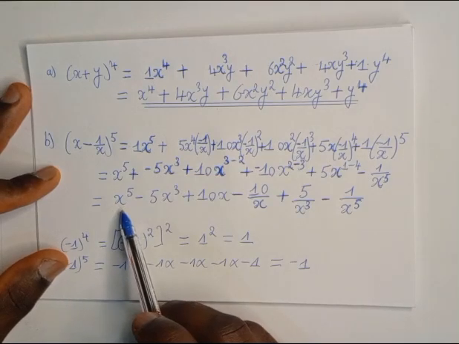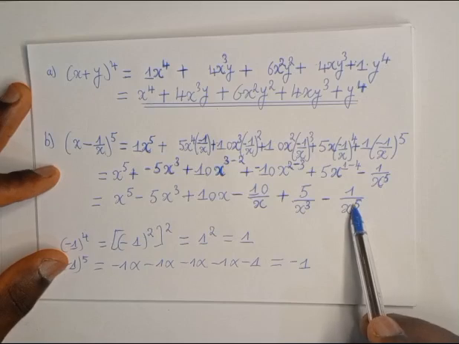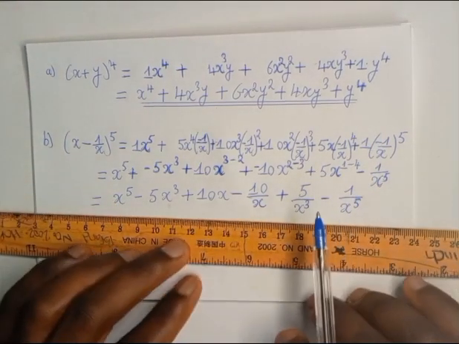If we count the terms of this binomial expansion, we have 1, 2, 3, 4, 5, 6. These are the six terms of the binomial expansion.